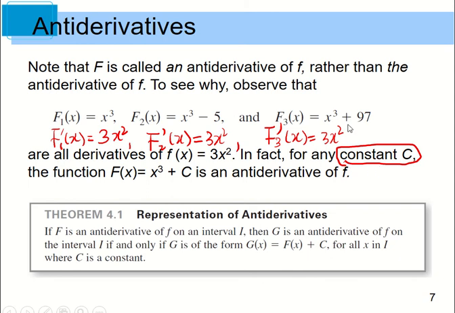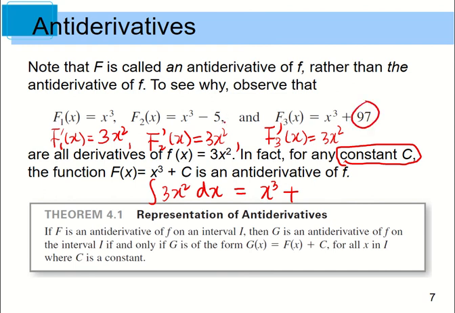Now, as we know, integration is the inverse of this. So when we integrate 3x squared dx, we will get x to the power of 3 plus a number behind it as the constant. However, from here we do not know what the number is.